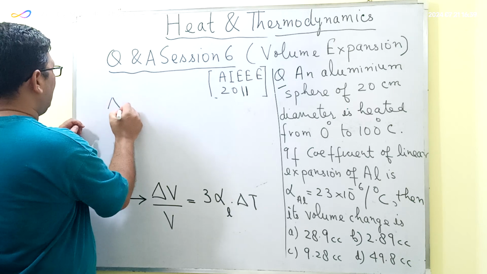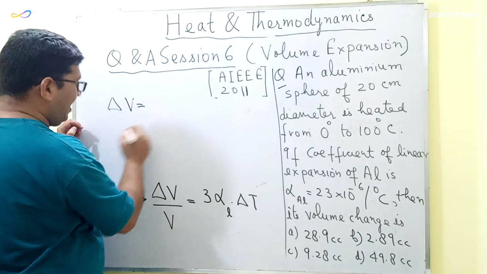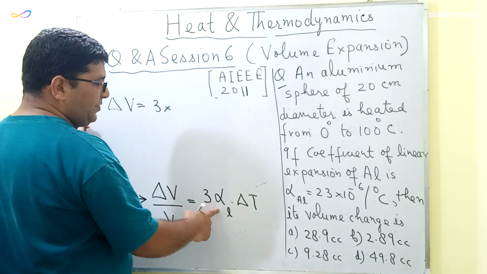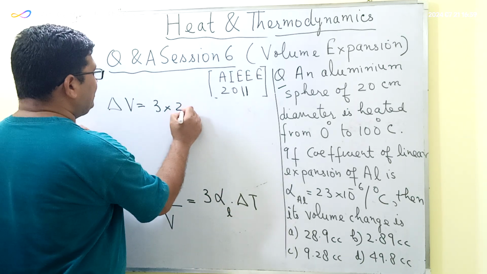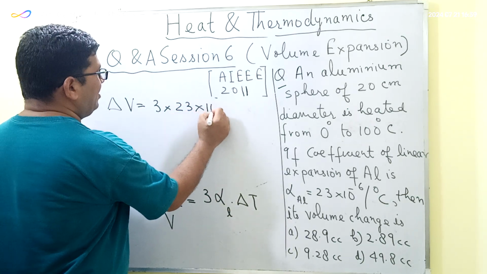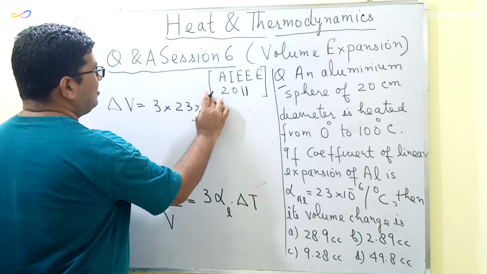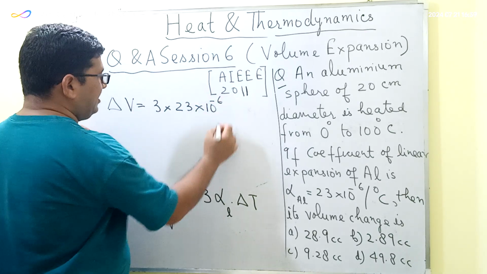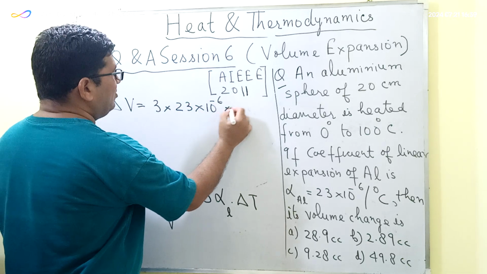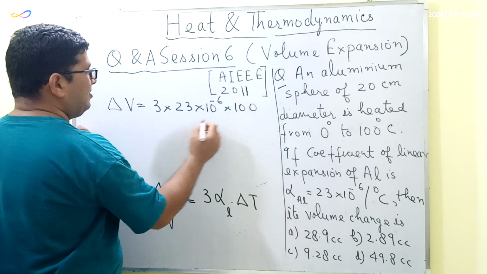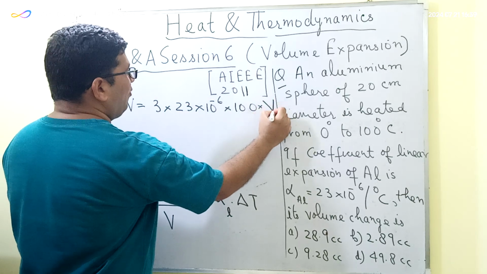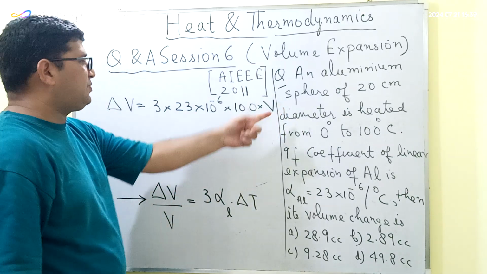So the change in the volume will be equal to 3 times the coefficient of linear expansion, which is equal to 23 into 10 to the power minus 6, delta T is equal to 100, multiplied by the volume of this aluminum sphere.